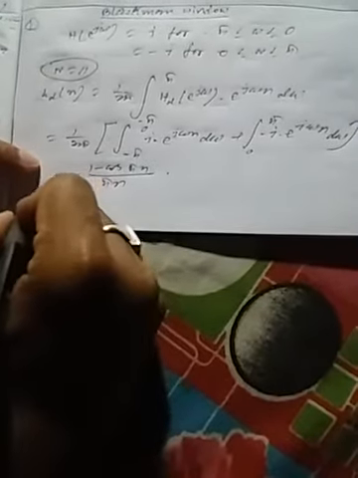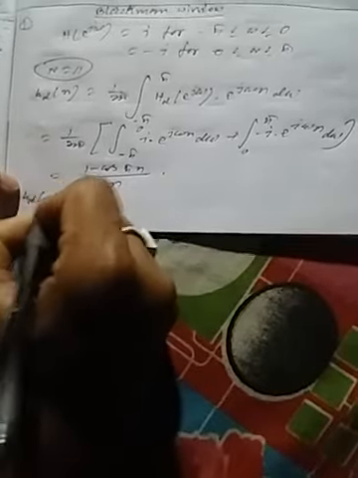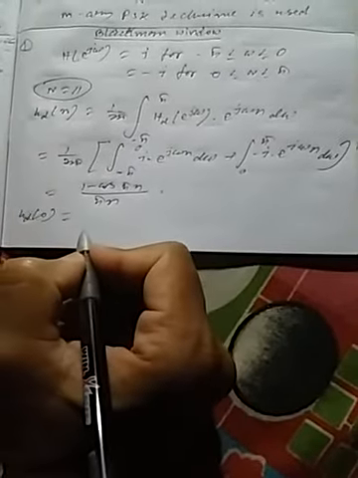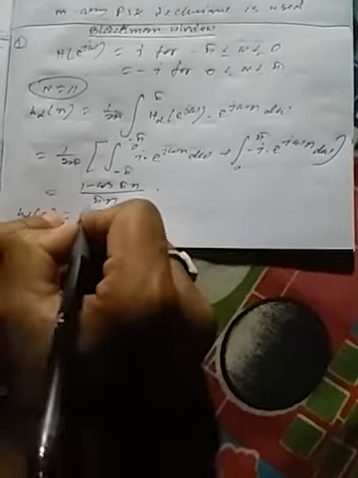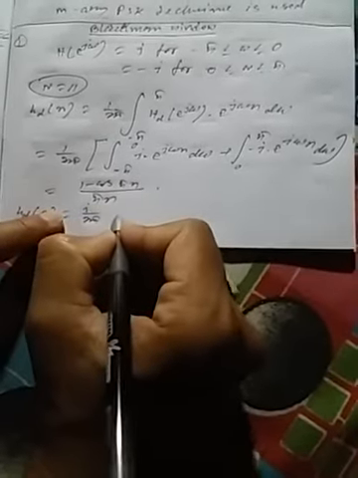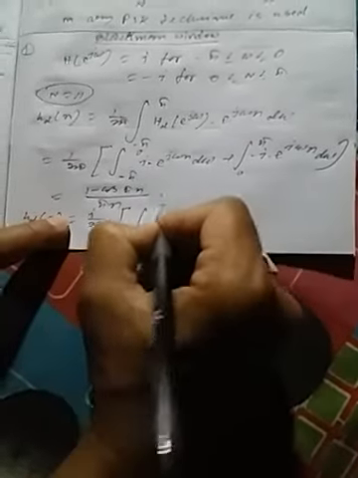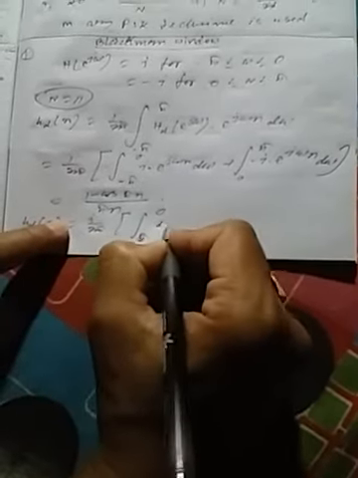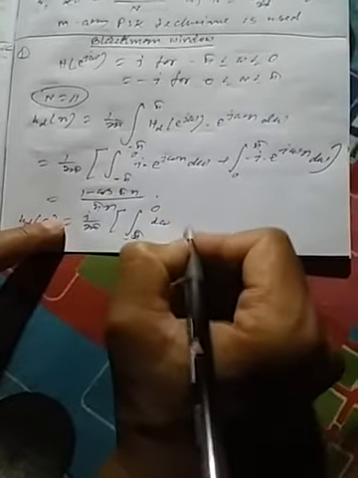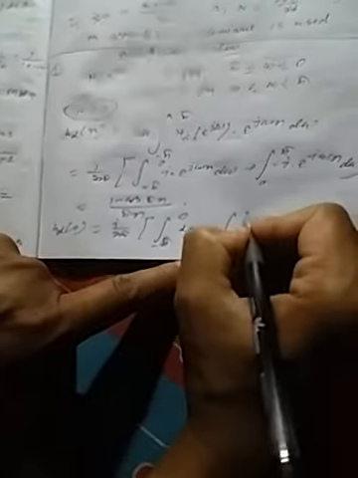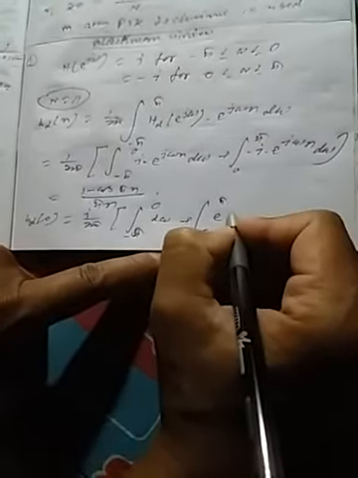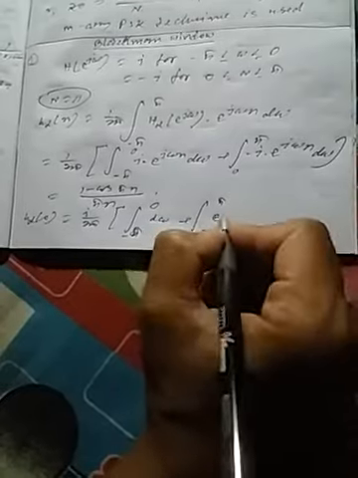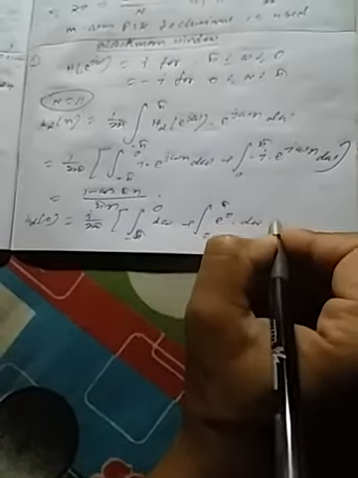Now we have to find the coefficients of the desired impulse response, that is hd[0] is equal to j by 2 pi, integration over minus pi to 0 of d omega, plus integration over 0 to pi of e to the power 0 into d omega, right?